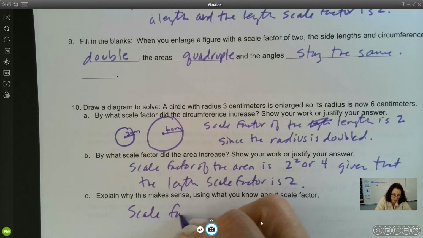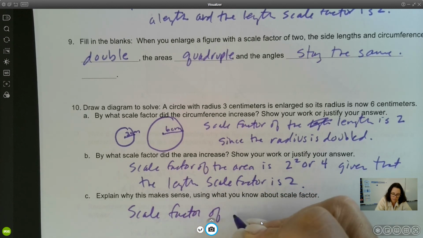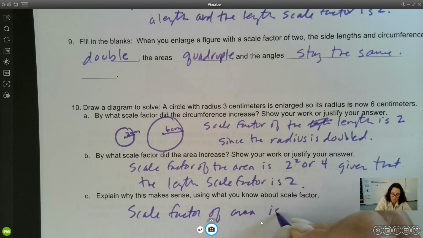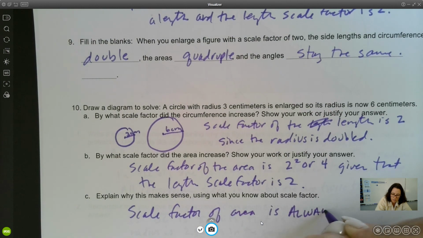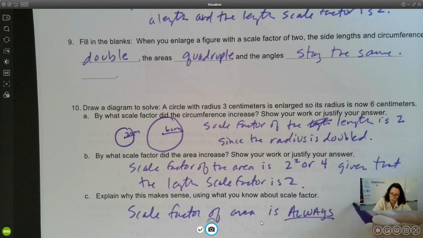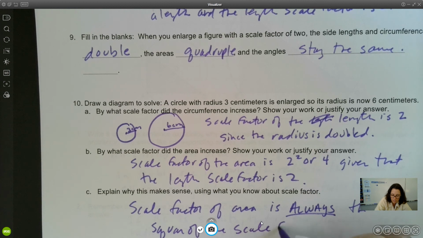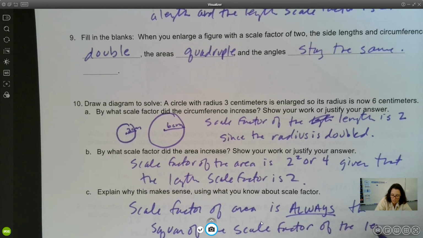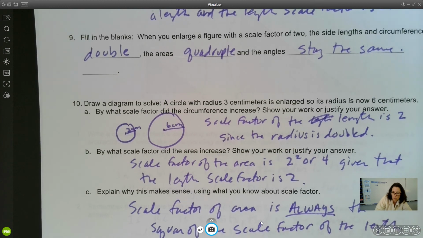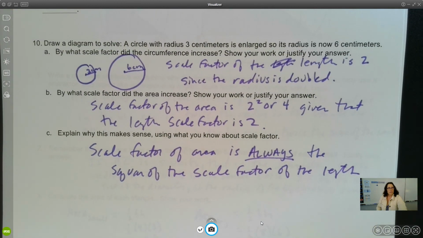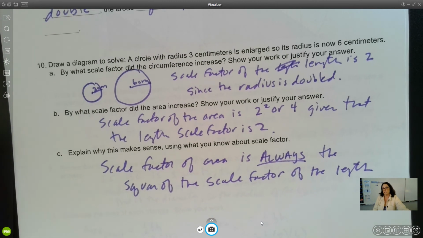Scale factor of area is always the square of the scale factor of the length. And let me move it over because my picture's in the way there. That's always the case. That concludes, guys, lesson 6.4C.